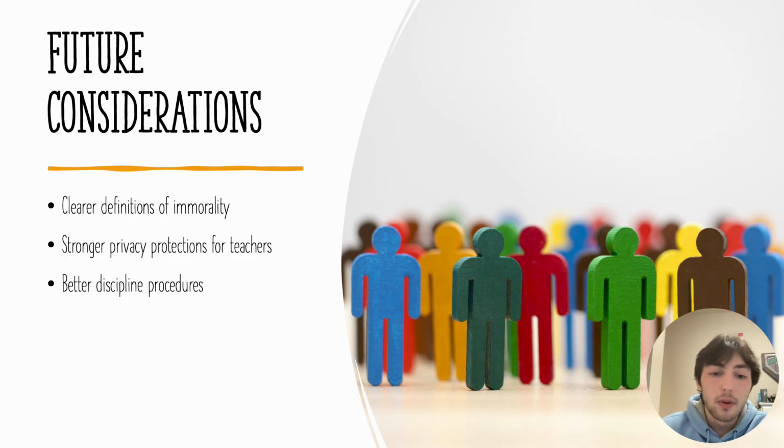On top of this, for the policymakers, just stronger privacy protections for those teachers. Again, if what they're doing is perfectly legal and they're not harming anyone, it should be clearly stated and just overall better made, I guess you could say.